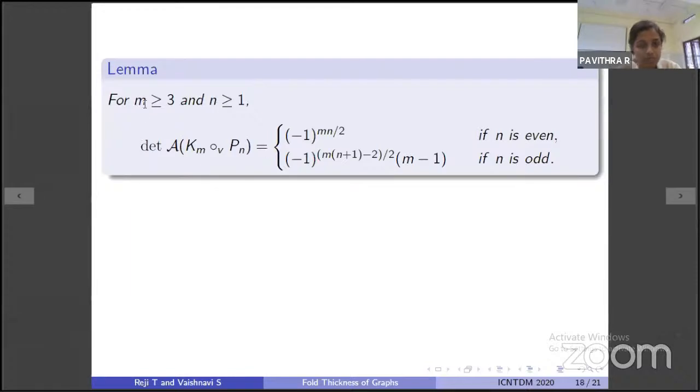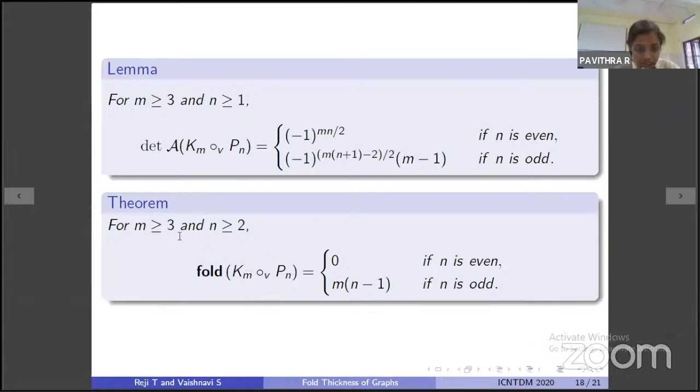This is the lemma giving the determinant of the adjacency matrix of the rooted product of the complete graph and path graph. This is the determinant if n is even and this if n is odd. From this lemma, we can conclude that rooted products of complete graph and path graph are all non-singular graphs.